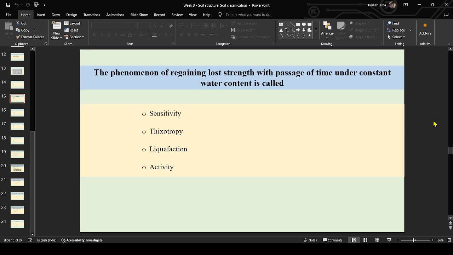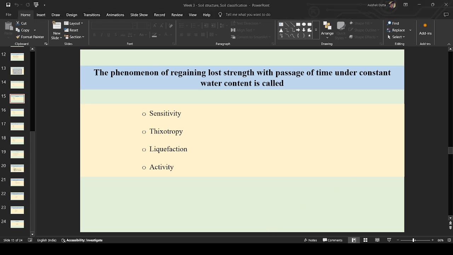The options are sensitivity, thixotropy, liquefaction, or activity. I hope the question was clear. I'll go to the next question.